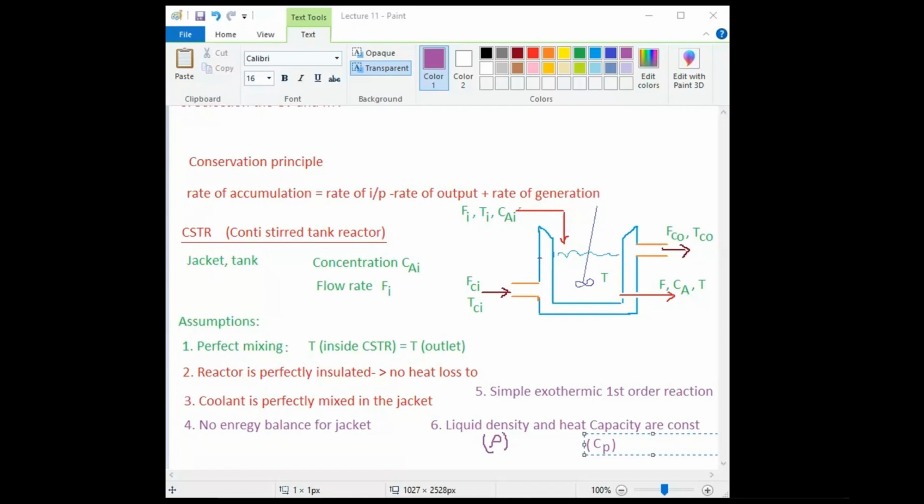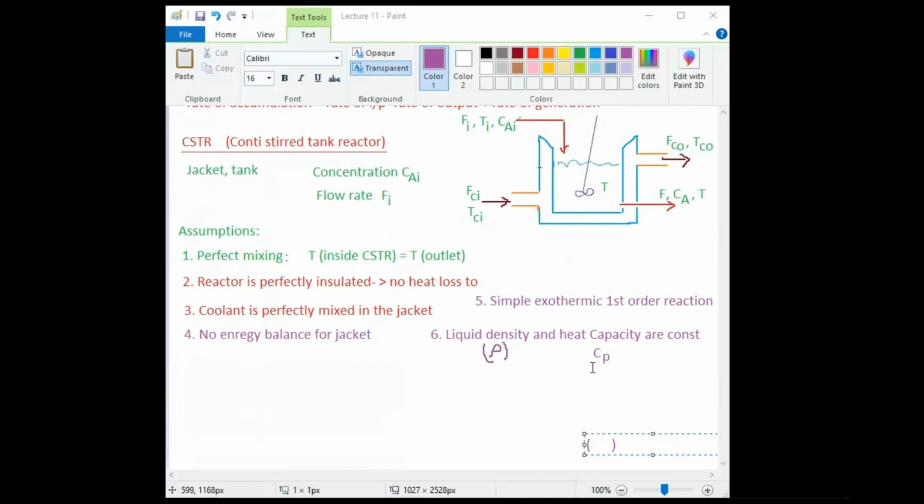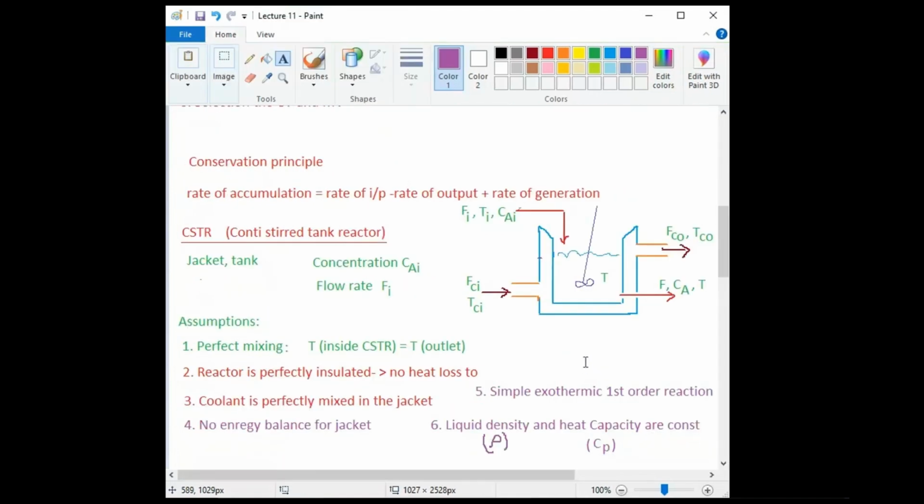Heat capacity is the amount of heat required to raise the temperature of a material or object by 1 degree. So heat capacity is constant here. So liquid density, rho, and heat capacity are constant here.